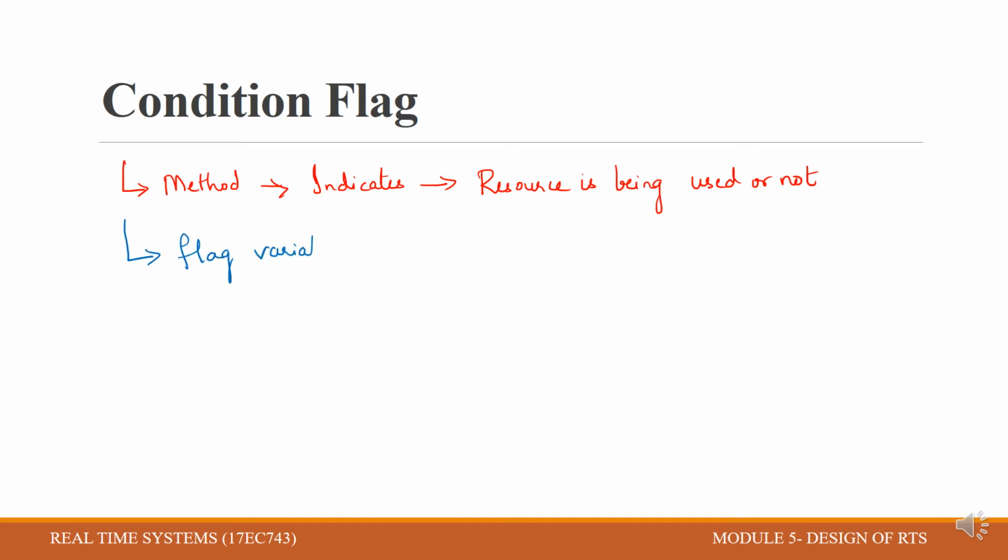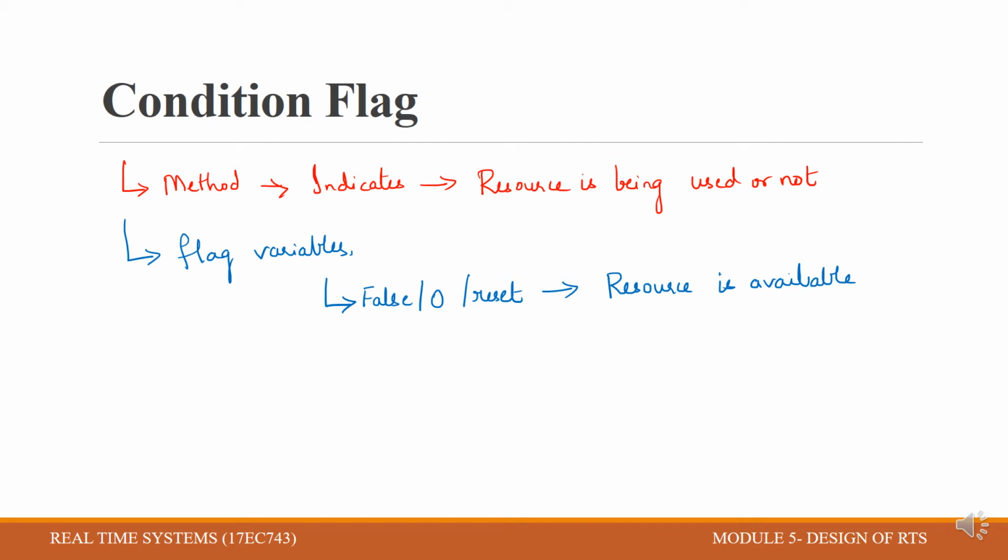What type of variable? So first, if the value is false, 0 or reset, it's like the resource is available.